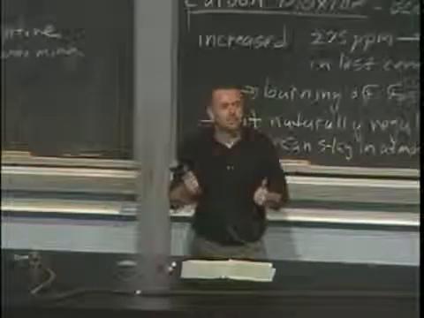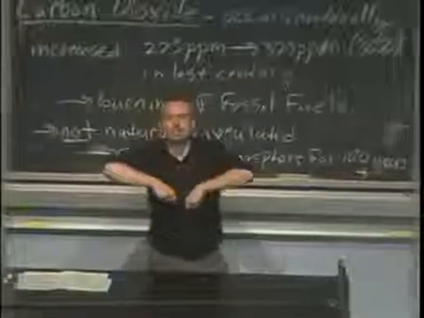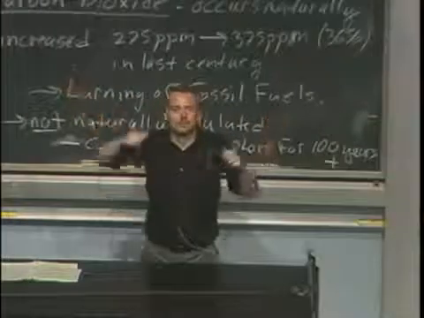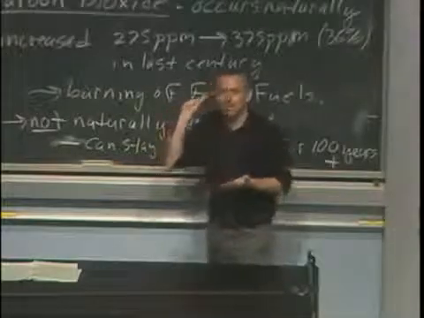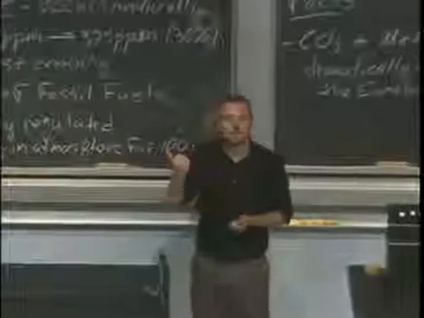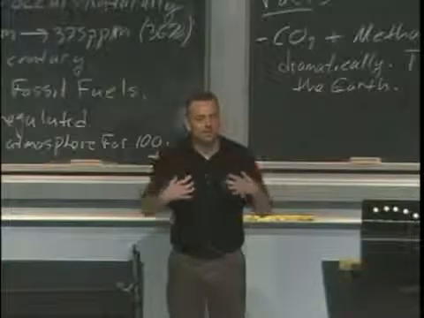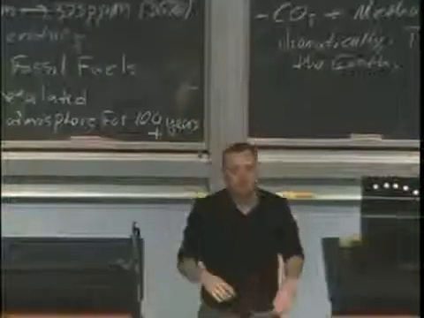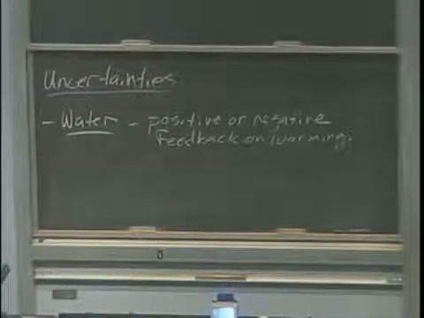And the reason is that if there's more clouds, then more sunlight will get reflected before it gets to the surface of the Earth. So more clouds could increase the albedo. Remember, we were talking about in our models, the albedo, the fraction of the sunlight that gets reflected. And if the albedo increases, then there's less solar radiation absorbed on the surface of the Earth, which means that it would have a cooling effect if there are more clouds, more cloud cover.